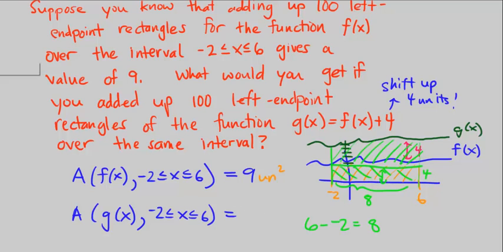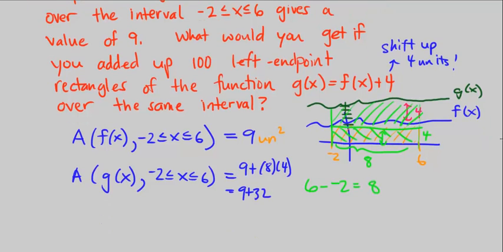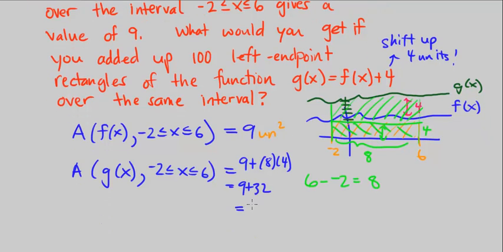So that's going to be 9 plus 8 times 4, which is 9 plus 32, and that gives us 41 units squared.